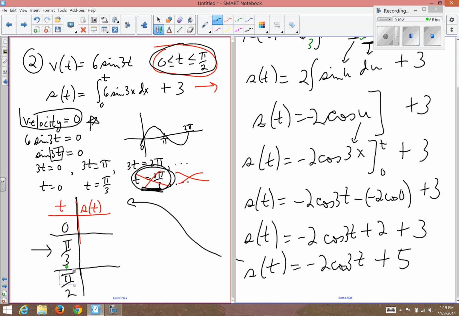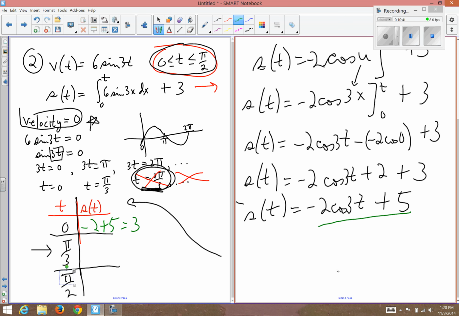When t is 0, look over here where I'm underlining in green, s of t is negative 2 times the cosine of 0, which is 1, plus 5. When t is pi over 3, the number for the s column is negative 2 times the cosine of 3t, using pi over 3, plus 5.